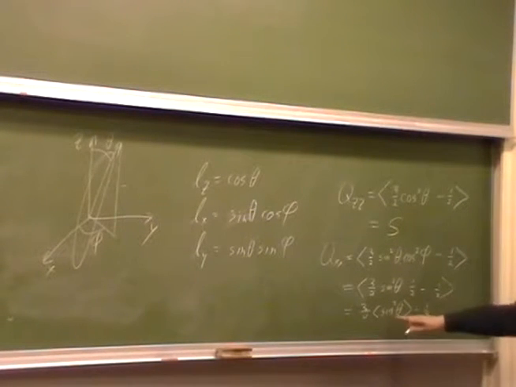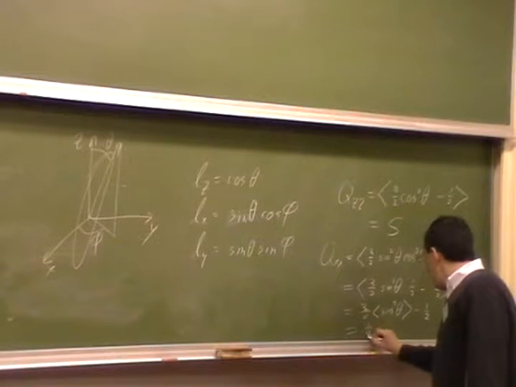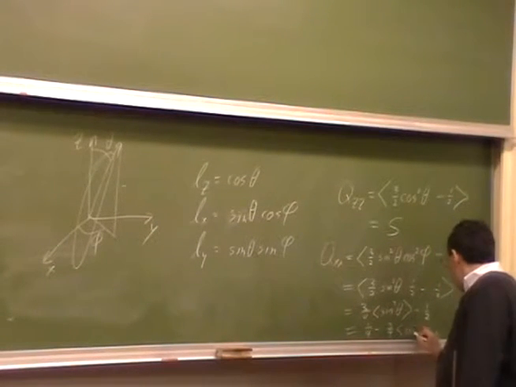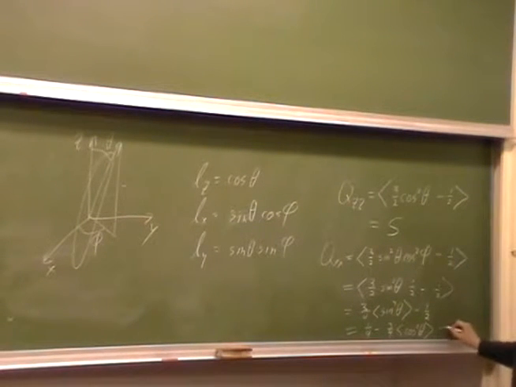And when we use the fact that sine squared is 1 minus cosine squared, this turns into a fourth minus 3/4 average of cos squared theta. And what is that? If I did this right, it should be negative a half.